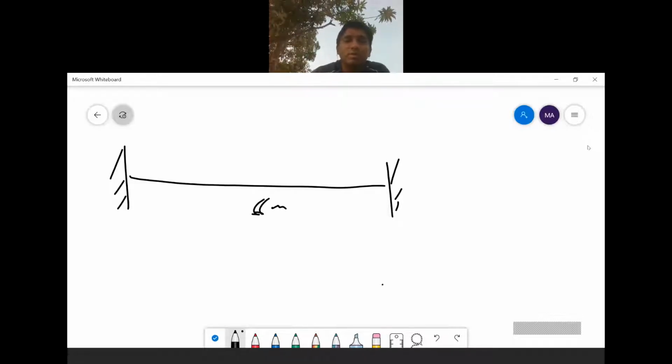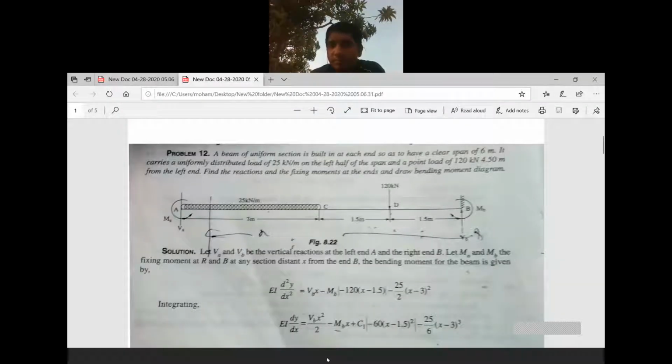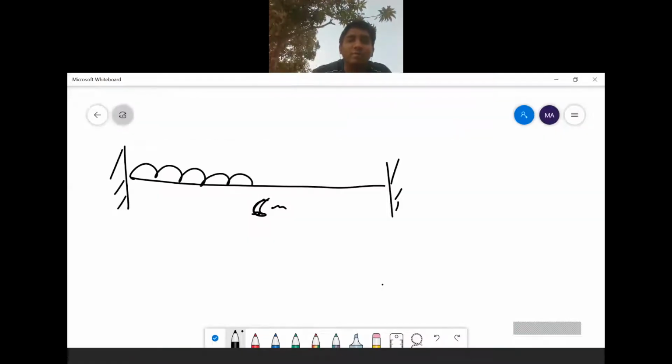So here you are considering a 6 meter span, and he has given that it is carrying a UDL of 25 kilonewton per meter on the left half of the span, which is 3 meters.